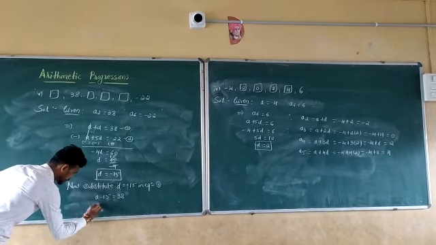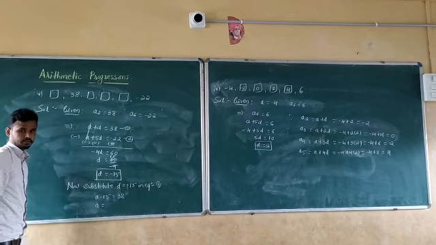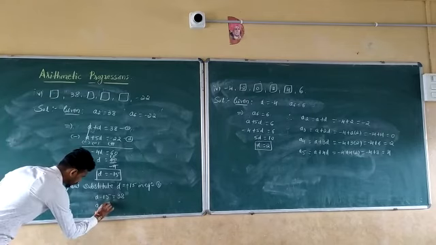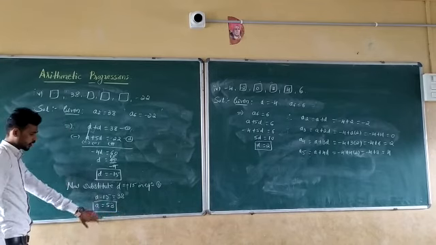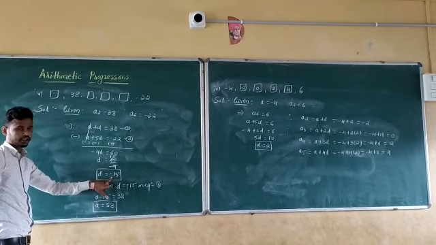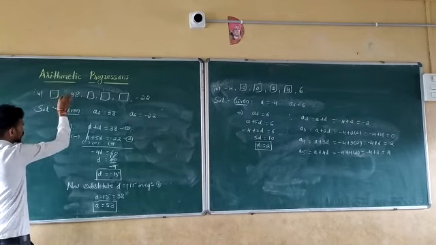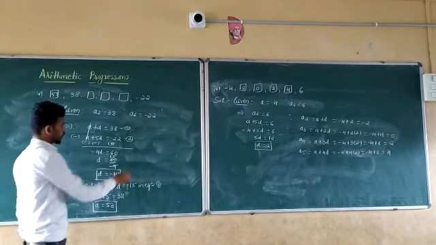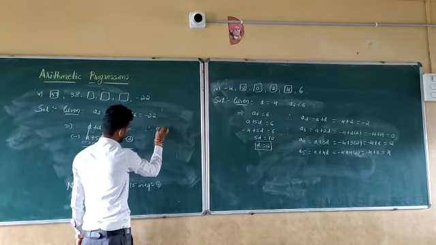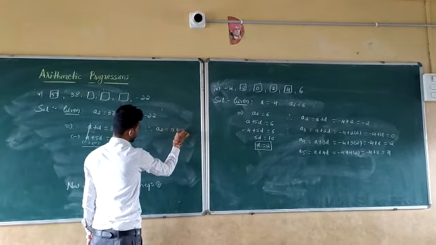So therefore A is equal to 38 plus 15, how much will you get? 53. So you got that A and you got that D. So the first term is 53. And next the second term, what can you write? Therefore A2 is equal to A plus D.